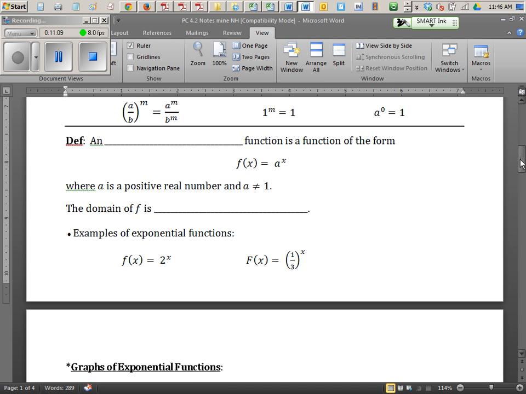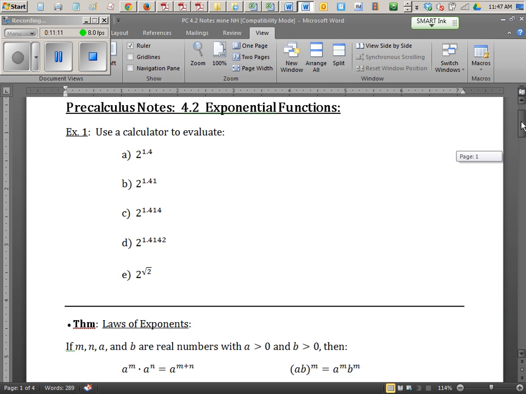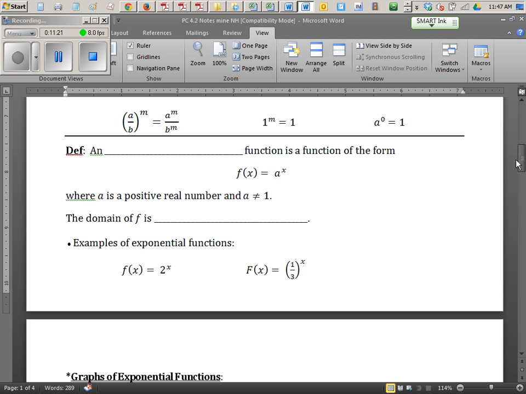Okay, anytime you see your base staying the same, see how my base is 2, 2, 2, 2, 2, but the power keeps changing, you can be sure that your teacher is teaching about exponential functions that day, okay? So that's what I'm teaching right now, exponential functions, the title of our section. An exponential function is when you have a constant base and a varying power, okay?